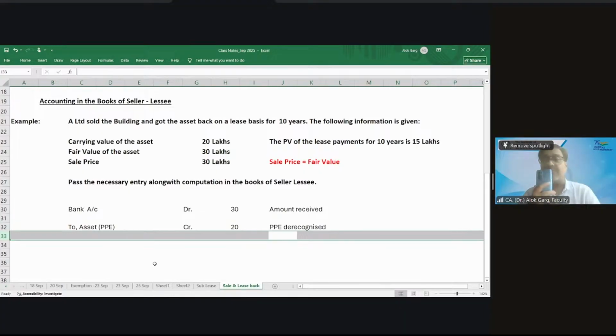So the buyer will only get a right to use this mobile phone for 1 year. So the asset which I have sold, I am retaining a right to use for 2 years, and I am selling the right to use for 1 year. Yes or no?